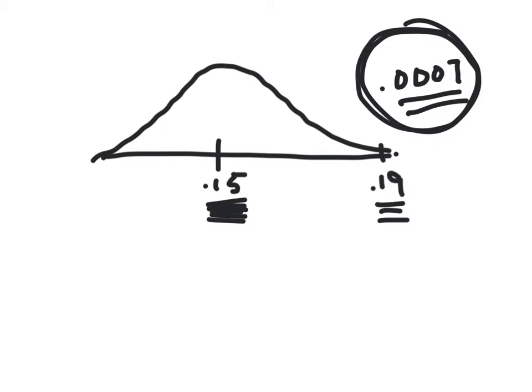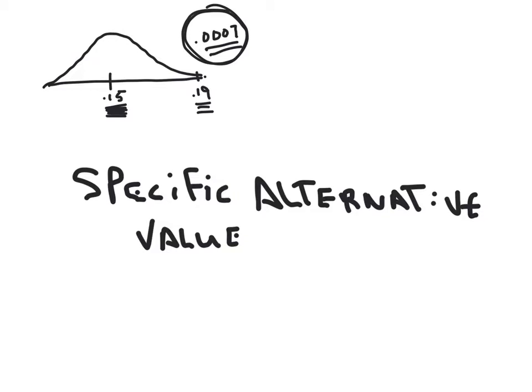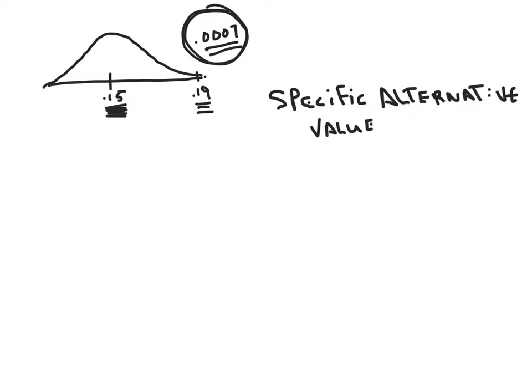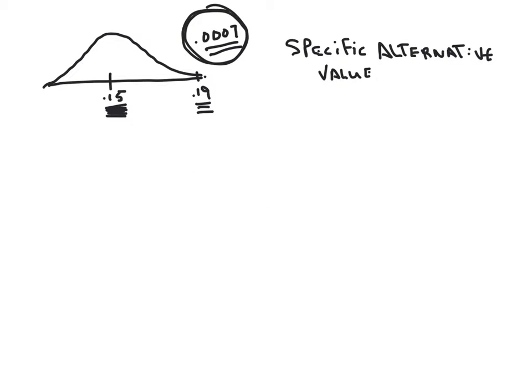Now, let's take a look at power. We have a specific alternative value, and that specific alternative value is 20%. Given the situation, how sensitive is the test? In other words, how well would this specific situation pick up a shipment of chopsticks where 20% of them were too short?